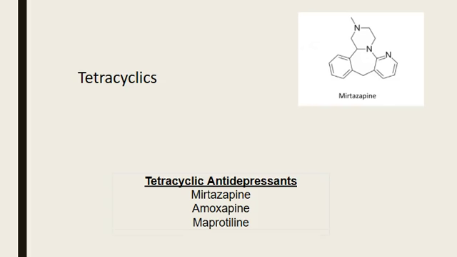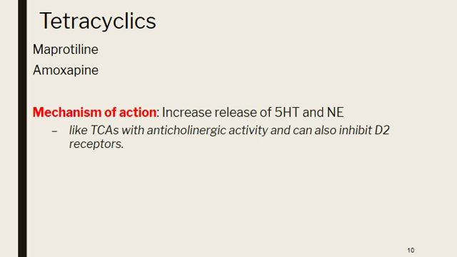The main tetracyclic antidepressants include mirtazapine, which is shown here, amoxapine, and of course maprotiline. From a mechanistic standpoint, these increase the release of serotonin and norepinephrine. So they're like tricyclic antidepressants with anticholinergic activity, and they also antagonize the D2 receptors.